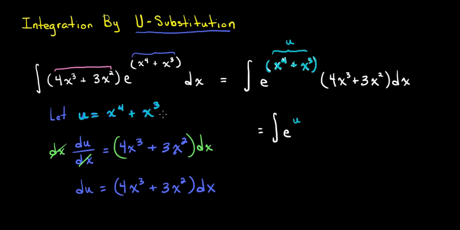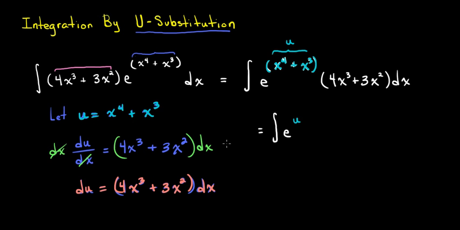And if we continue this process, you may have already picked up on what we're going to do next. We have a 4x cubed plus 3x squared times dx sitting here inside our integral. But what do we say all that equals? Well, the derivative of u is equal to 4x cubed plus 3x squared dx.